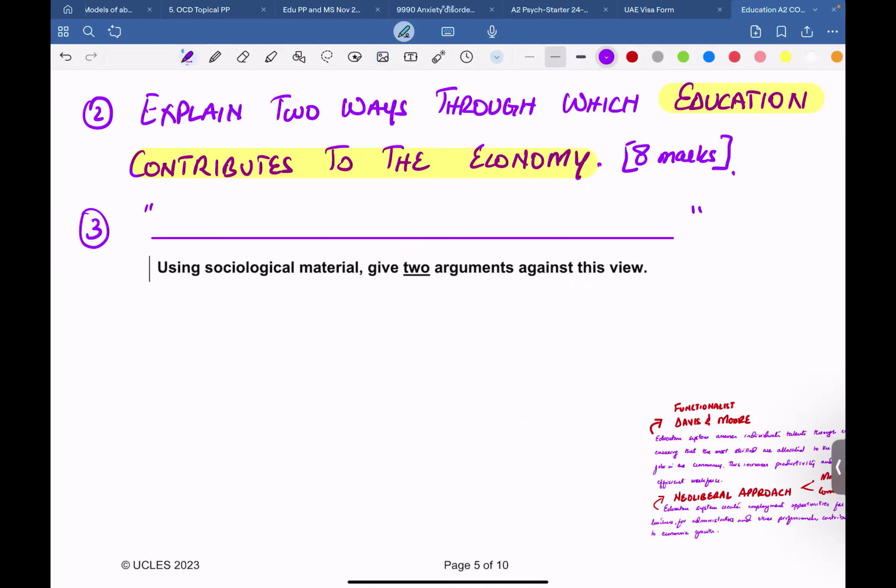And let's say the statement over here could read, education or the education system fails to contribute effectively to the economy.